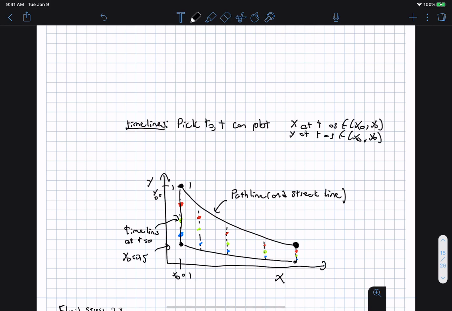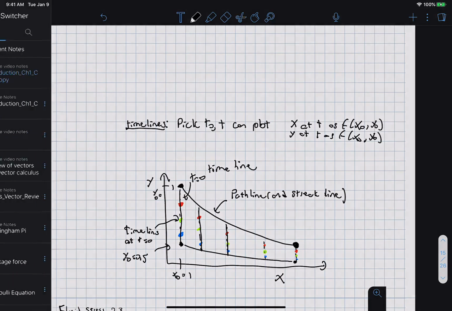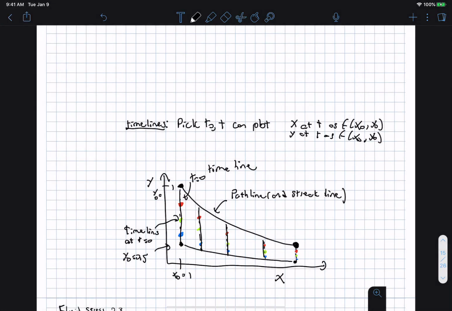So this is the timeline at t equals 0, and it turns out that the particles just move horizontally and either up or down. So this is the timeline at some later time, the timeline at a time after that, and the final timeline.